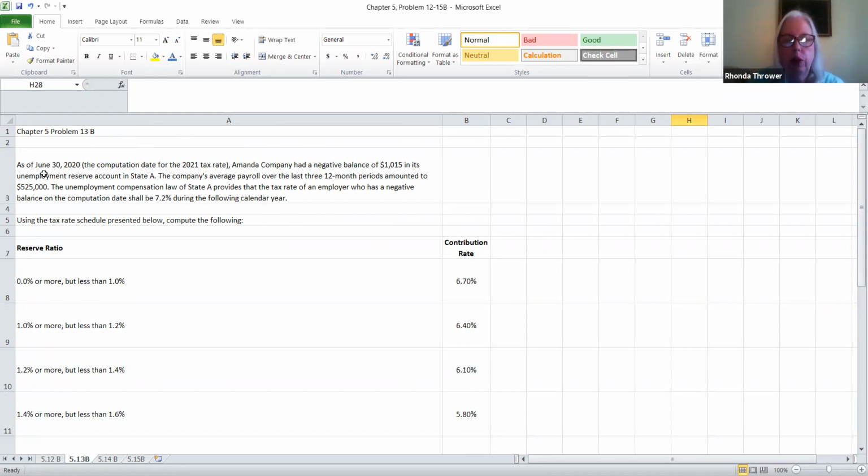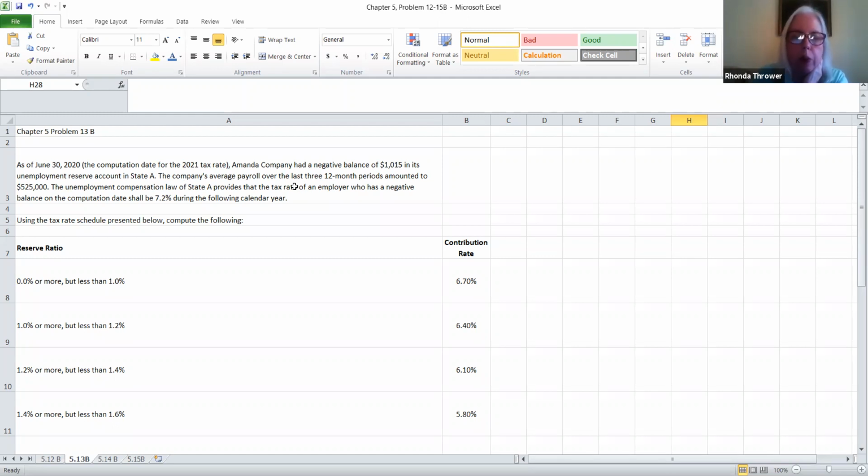In this problem, it says as of June 30th, 2020, the computation date for the 2021 tax rate, Amanda Company had a negative balance of $1,015 in its unemployment reserve account in state A. So in other words, they paid out more than they put in as far as taxes were concerned. They came up with a negative balance, which means they're going to have to pay a higher rate.